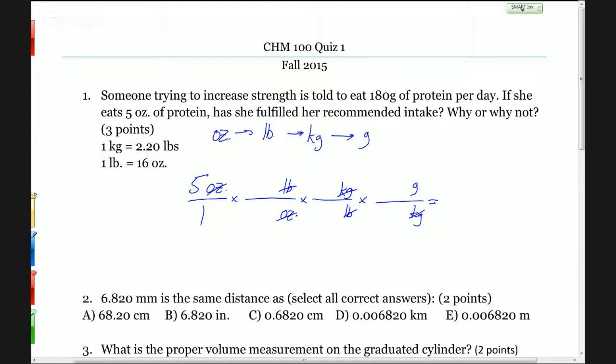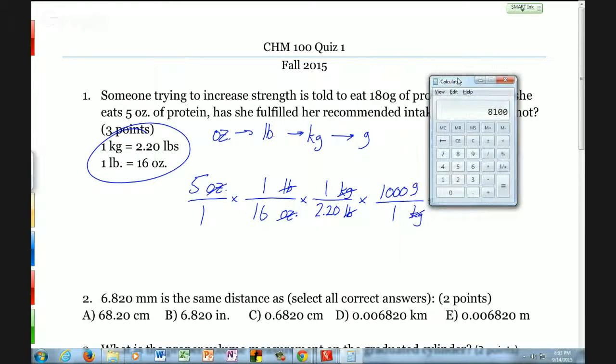So now we have to fill in all those numbers. Ounces to pounds, that's given in the constants over here. There are 16 ounces in 1 pound. Kilograms to pounds, that's given as well, 2.2 pounds to 1 kilogram. And then we need to know that there are 1,000 grams in 1 kilogram.